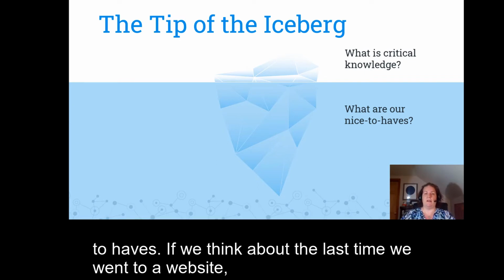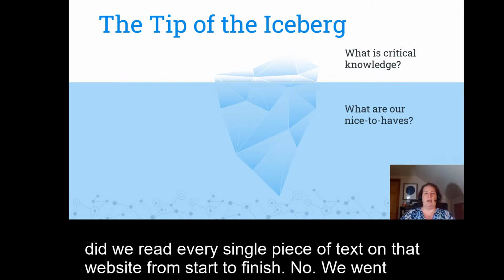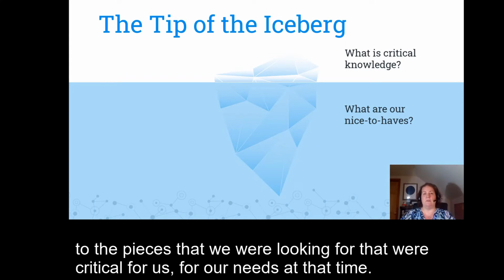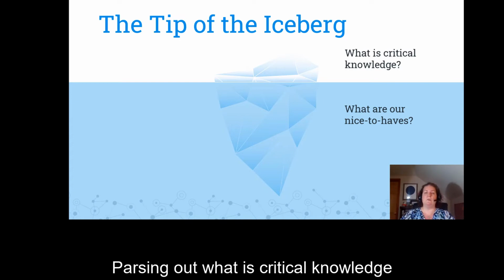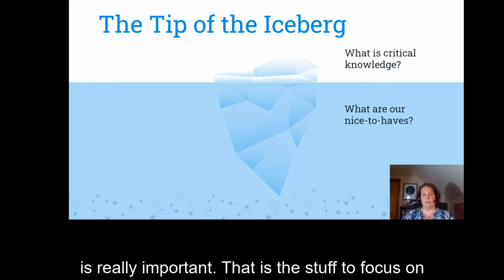If we think about the last time we went to a website, did we read every single piece of text on that website from start to finish? No. We went to the pieces that we were looking for that were critical for our needs at that time. So parsing out what is critical knowledge is really important. That is the stuff to focus on.